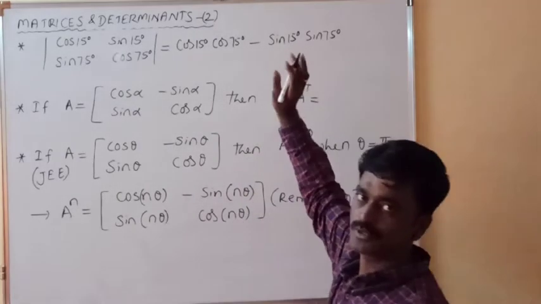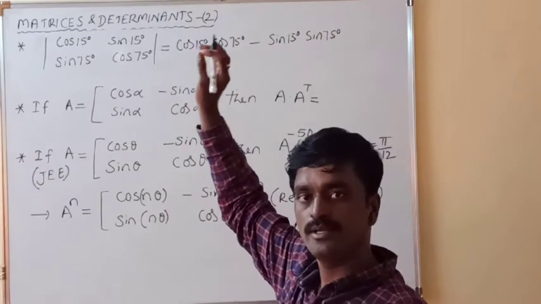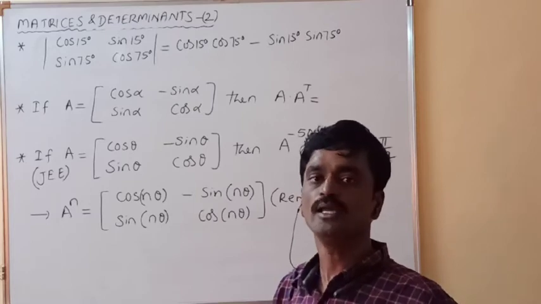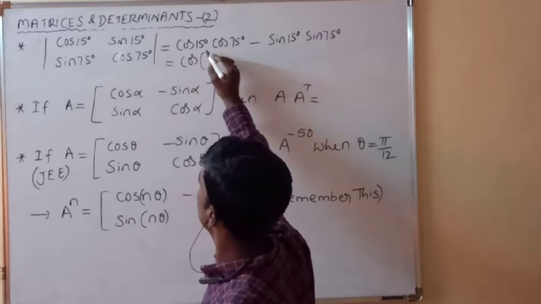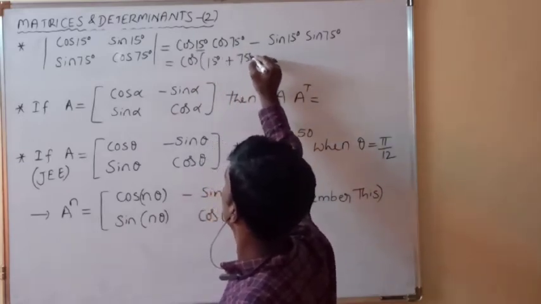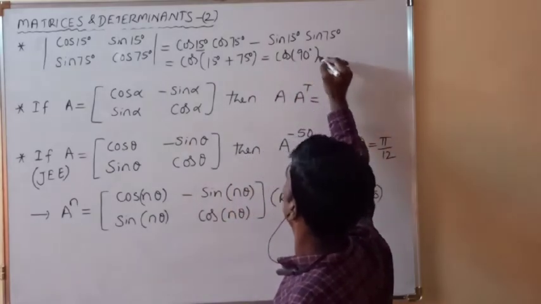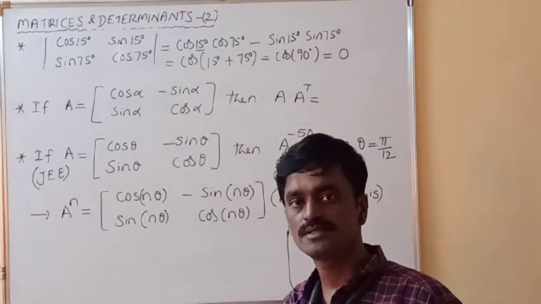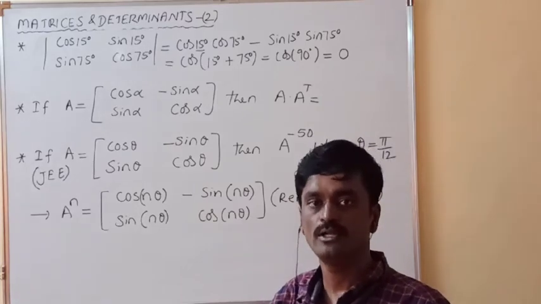Here also don't put the values, just look at how it is. It looks like cos A cos B minus sin A sin B. So what is the formula for that? Cos of A plus B. Here instead of A we have 15 degrees, plus instead of B we have 75 degrees. So overall if you add, what will you get? Cos of 90 degrees. What is cos of 90 degrees? 0. So that was the answer. So don't put the cos 15, sin 15, cos 75, sin 75 values.